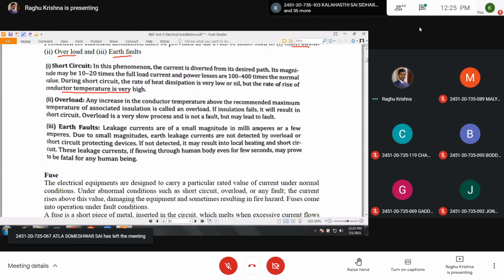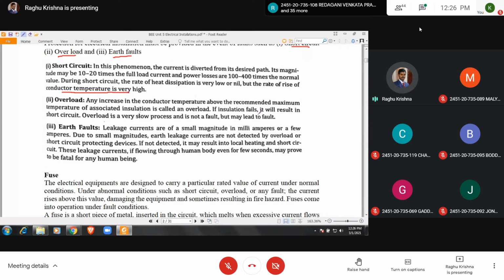So what is the main problem of overload? The current increases greater than the rated value and the temperature of the conductor increases.